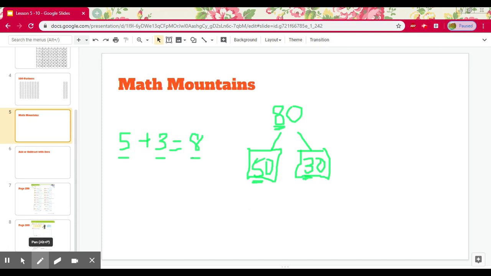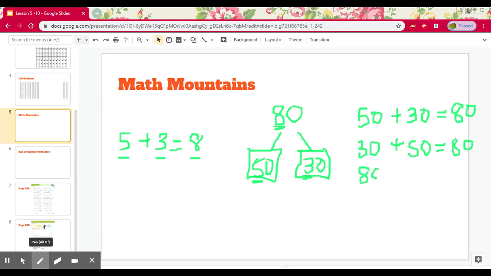So that means if 50 and 30 are added together, according to this Math Mountain, the answer, or total, is 80. 30 plus 50 equals 80. And if I take the total 80, subtract it by a partner like 50, the answer is the unused partner, 30. 80 minus the partner 30 equals the unused partner, 50.